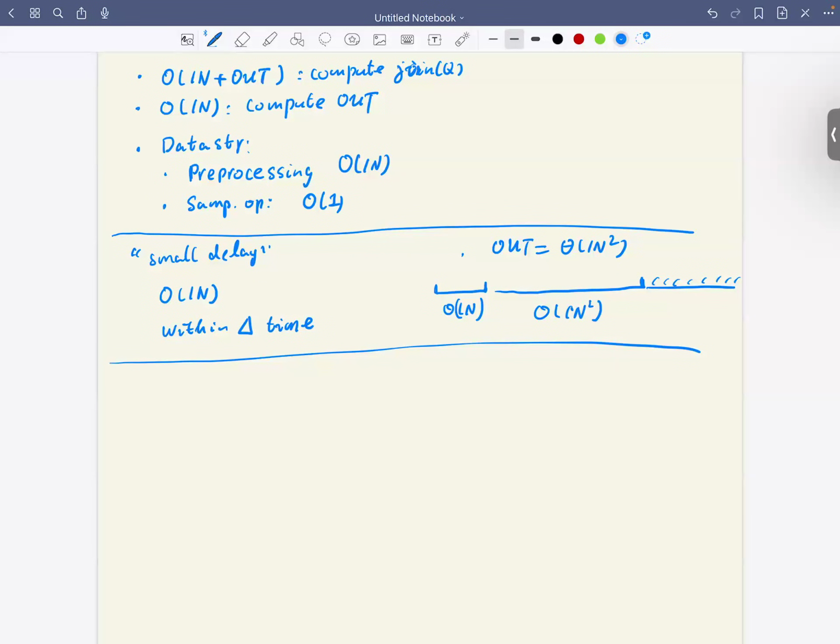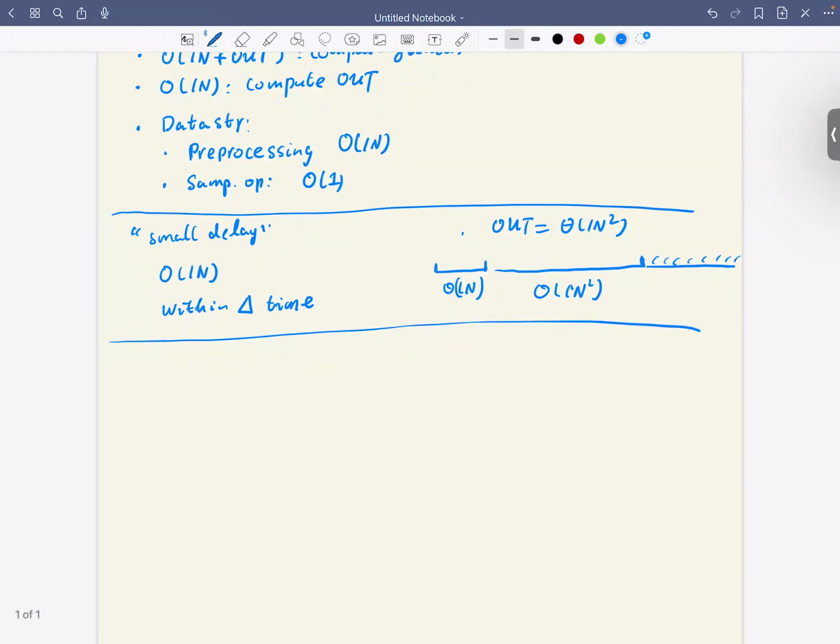However, this reduction is applicable in many other scenarios. In a lot of other scenarios, this algorithm actually achieves a very good delay, and no other methods are known to achieve that delay. So this is the point of today's seminar.